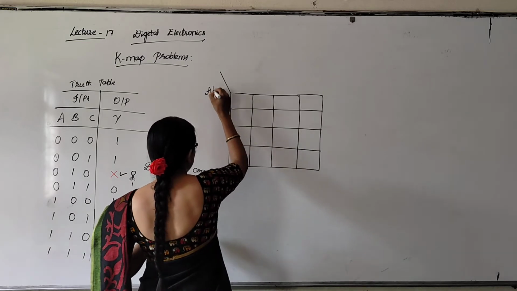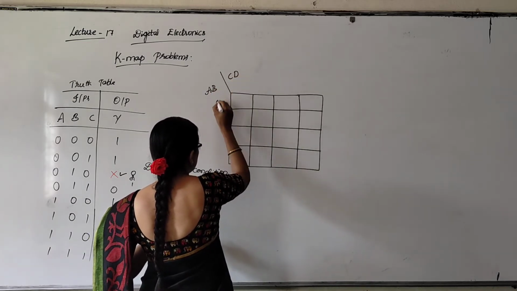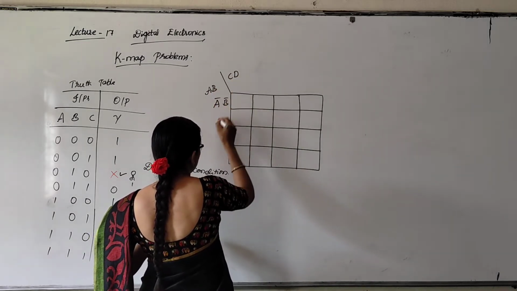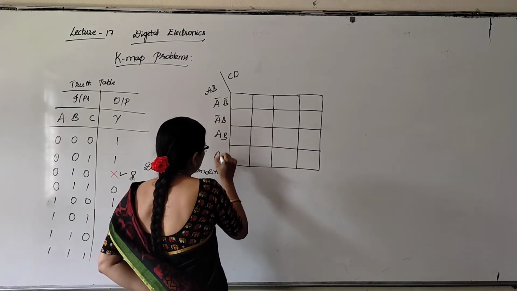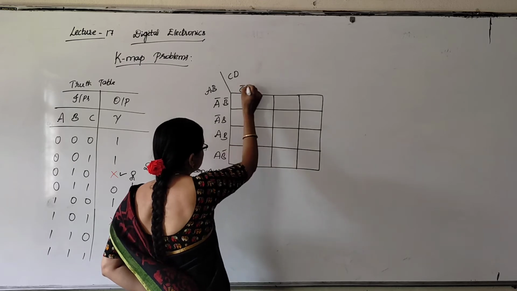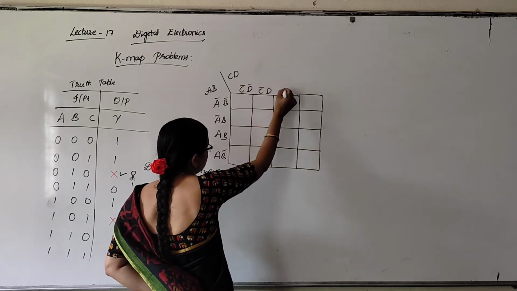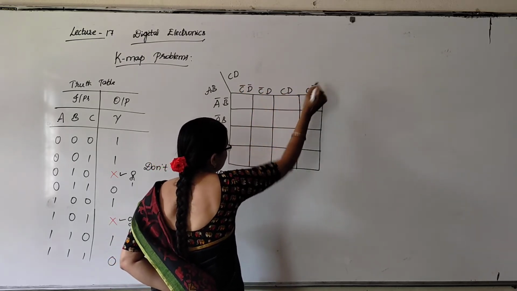This side it is AB and this side it is CD. A bar B bar, A bar B, A B, A B bar, C bar D bar, C bar D, C D and C D bar.